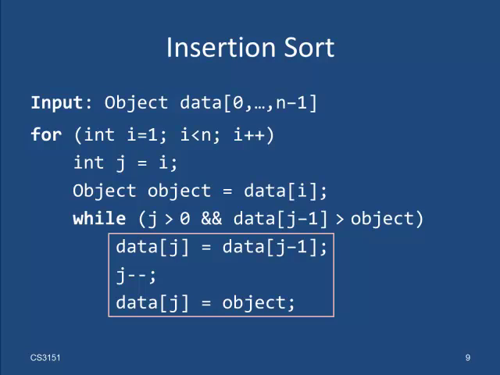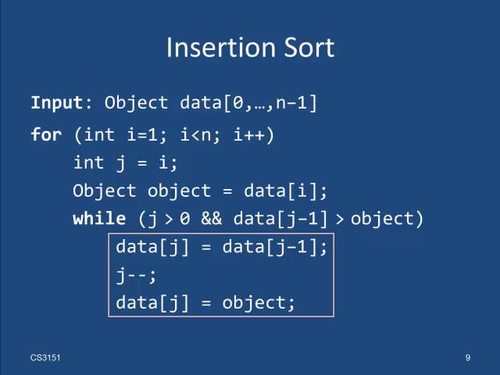Imagine the array is already sorted, then the body of the while loop will never be executed. On the other hand, if the array is sorted in reversed order, then the element to be inserted has to move up each time to the first position in the array. That is the most time-consuming case. So in that case, the while loop iterates once in the first iteration of the for loop.